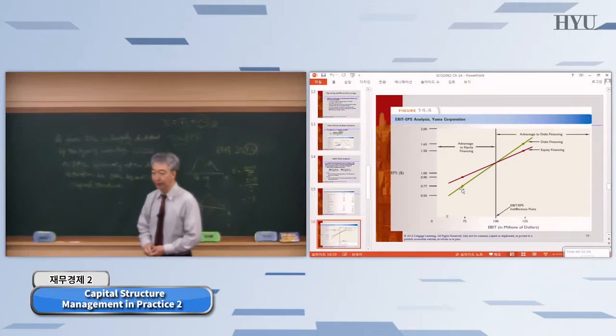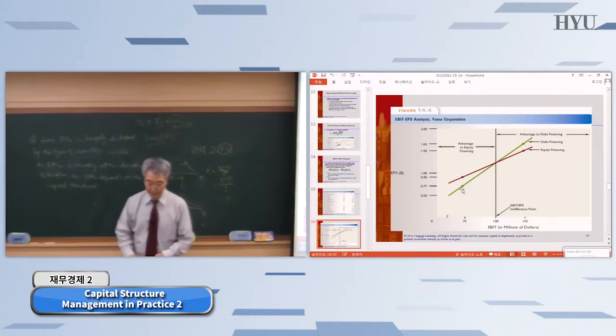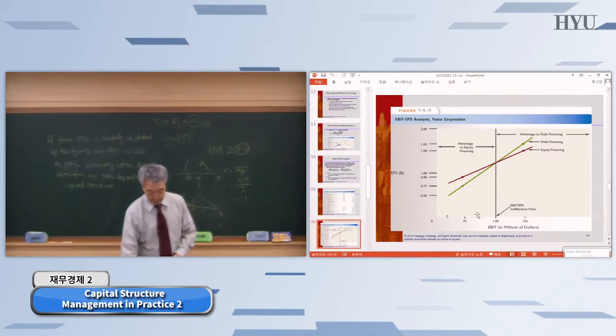Higher DFL, yes, right? In other words, for the same amount of increase in EBIT, the change in earnings per share will be much larger. Instead of from 90 to 150, the range is from 77 to 163.